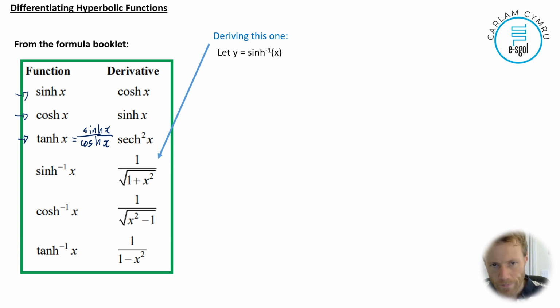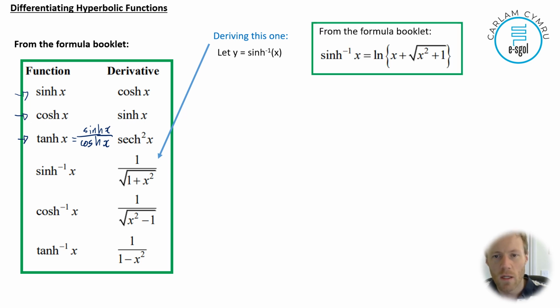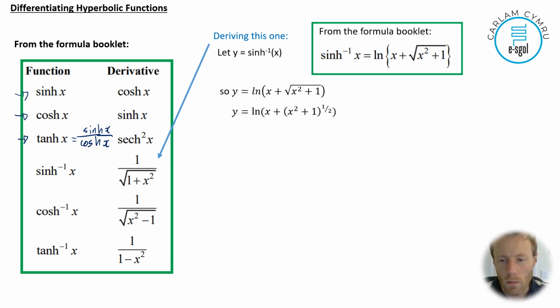So what we do have in the formula book is we know what inverse sinh of x is in terms of natural logarithms. So that's what I'm going to write, the inverse sinh of x in terms of natural logarithms, and then I'm going to go from there. Now, the square root element, I'm just going to rewrite that as a bracket to the power of a half, just to make it a little bit more obvious how to differentiate it.